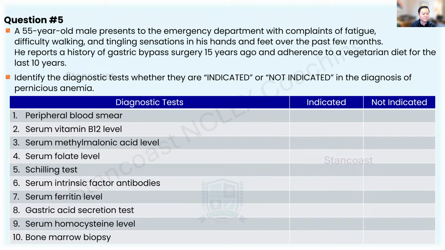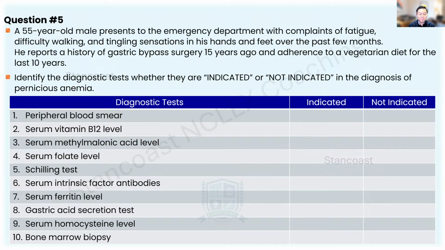It's not bad, Marie Flor. Again, your task in this test question is to identify these diagnostic tests, whether they are indicated or not indicated in the diagnosis of pernicious anemia. So the choices you have here are: number 1, the peripheral blood smear; number 2, serum vitamin B12 level; 3, serum methylmalonic acid level; 4, serum folate level.